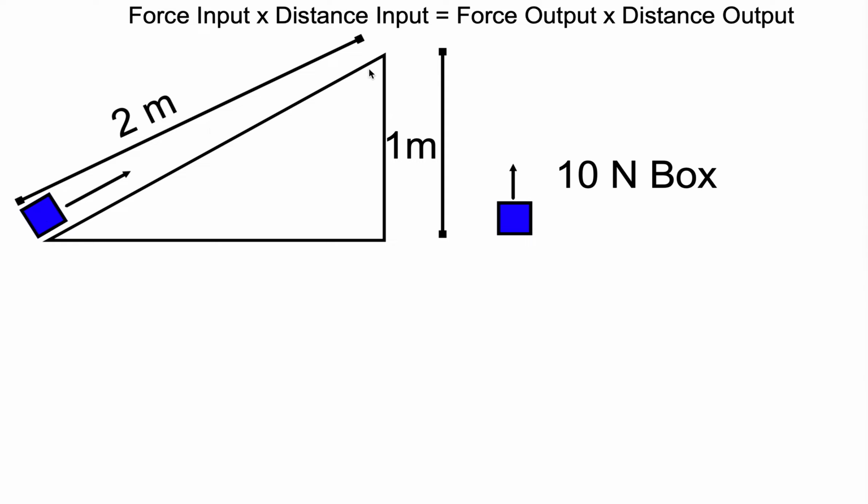Now, I might choose to push it up the ramp. I might choose to lift it. I don't know. But whichever one I do, you guys, the work is going to be the same if there's no friction.